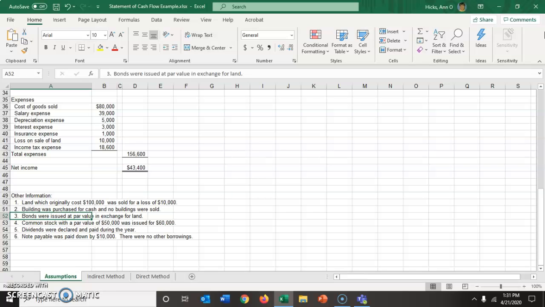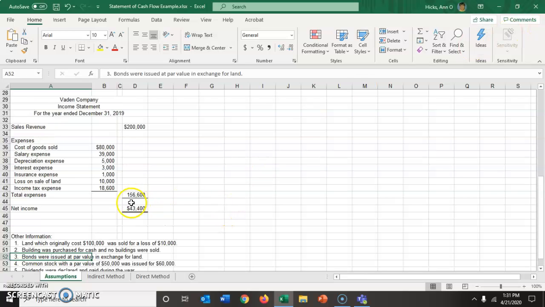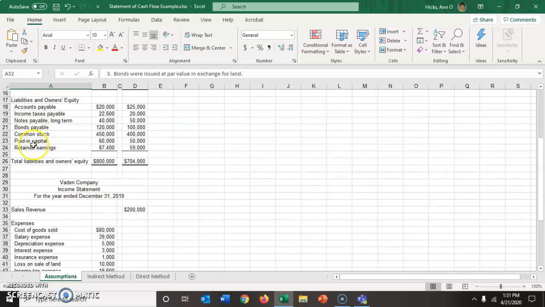So just like we left the acquisition of land off the investing section, we're going to leave bonds off the financing section. It would be misleading if we indicated that these bonds were issued in exchange for cash when indeed they were not. So that basically means we're through with long-term liabilities.